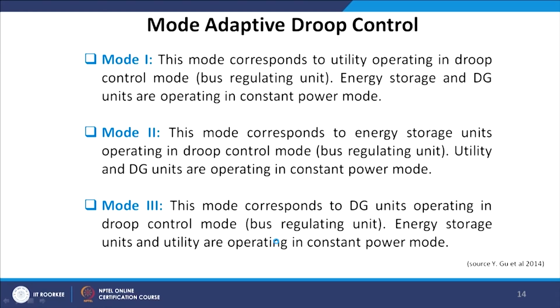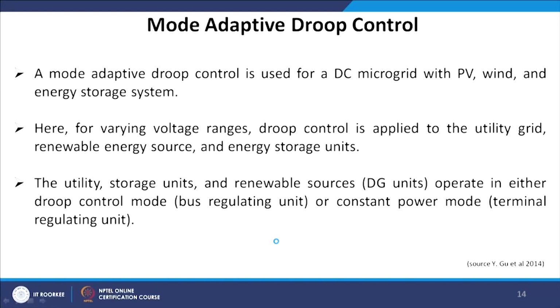Now, we will consider 3 different modes of operation, where we will be talking about the utility grid, renewable energy sources and energy storage. My utility grid is one of the sources for me. I can take energy from it, and very rarely it can be a sink, but most probably it will be a source for me.